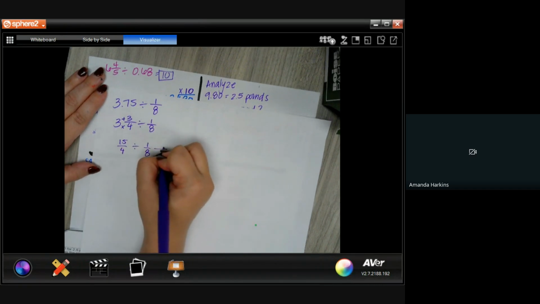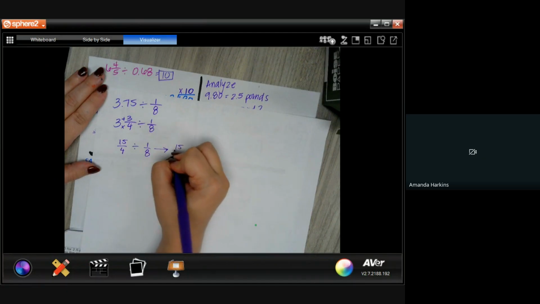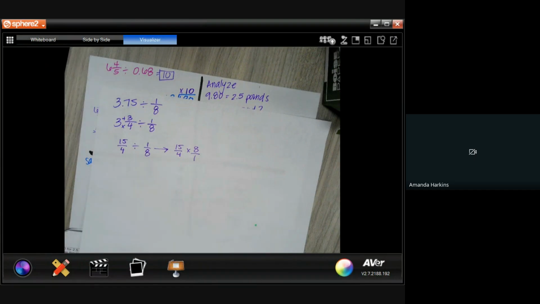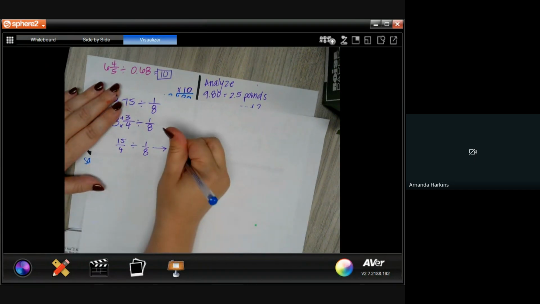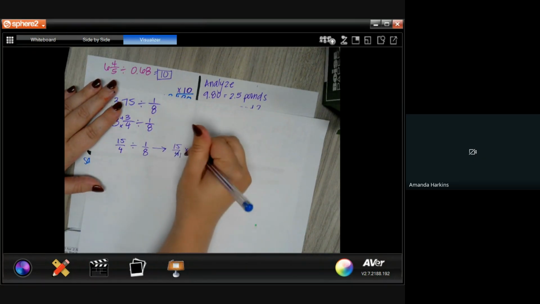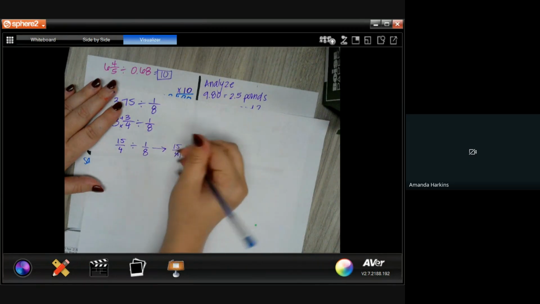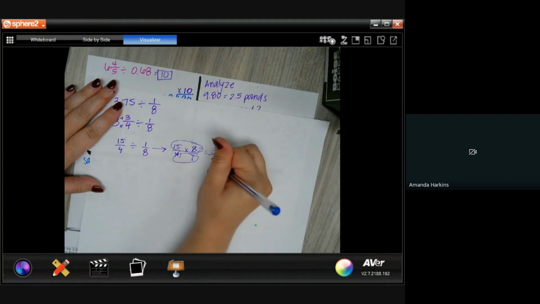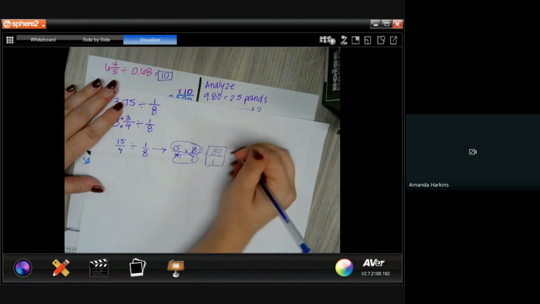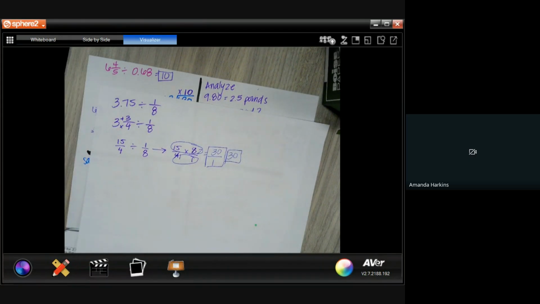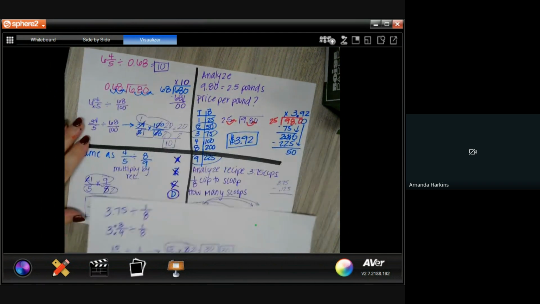Remember, this is the same thing as multiplying by the reciprocal. So I can simplify this. 4 divided by 4 is 1. 8 divided by 4 is 2. So 15 times 2 is 30. 1 times 1 is 1. So I still get 30. Either way, y'all.